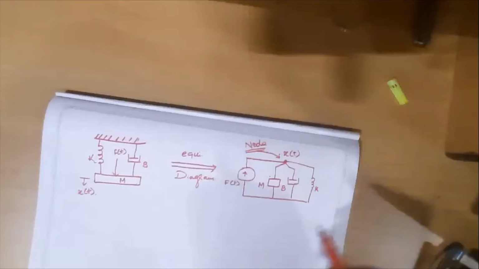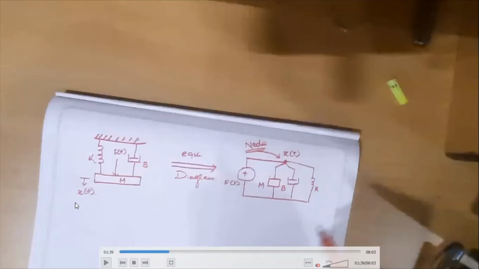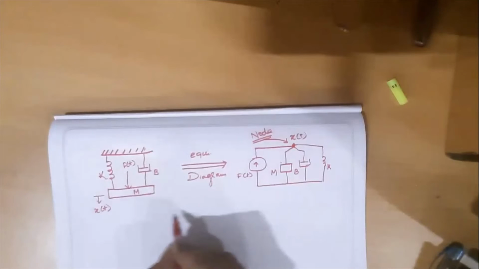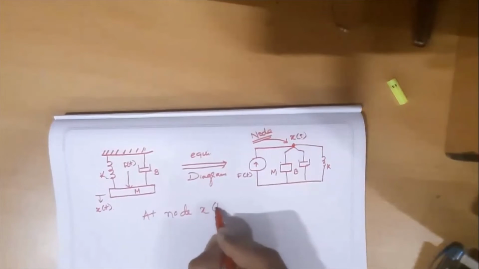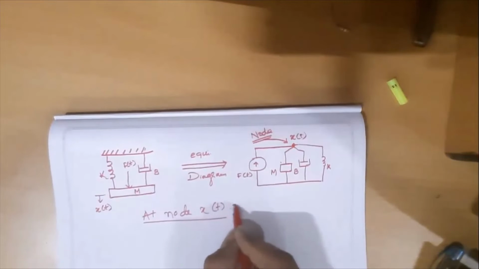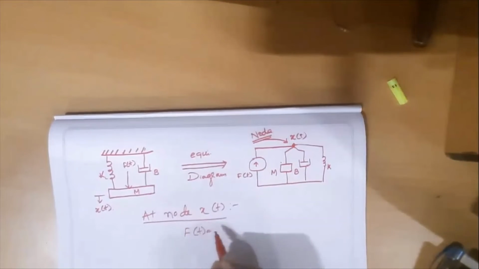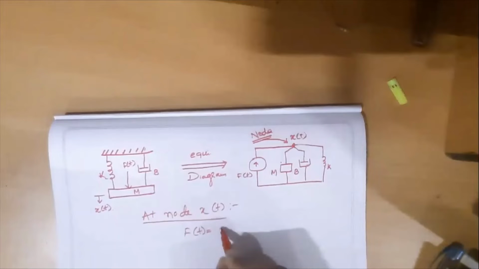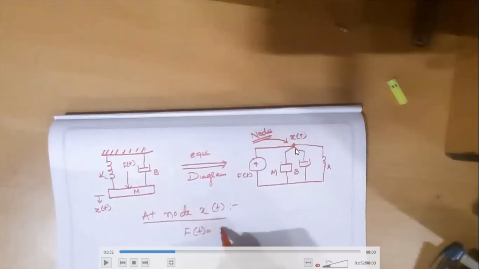So now we can write the differential equation for the equivalent diagram, which is the same as in the previous case. Previously we already wrote the differential equation for this, but I will use some additional wordings. I'll write at node x of t, so the system dynamics at node x of t.